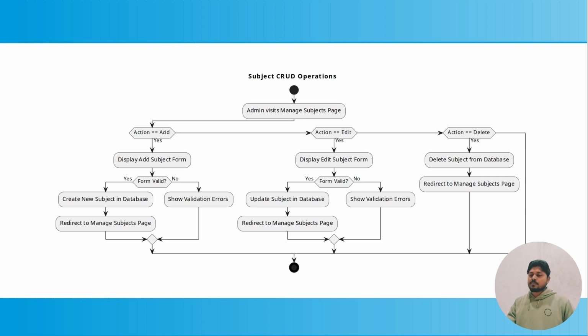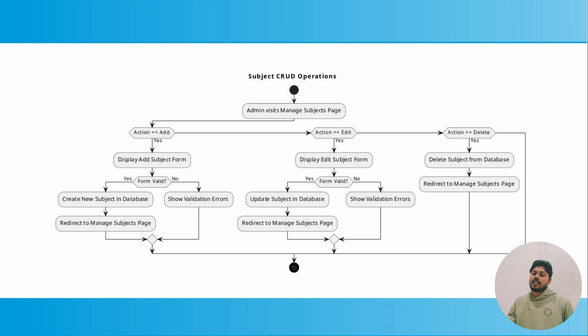manage subjects page. Next, when the admin performs the edit action, they will see the subject form for edit, and they will update the form, and if the form is not valid, we will show the errors.